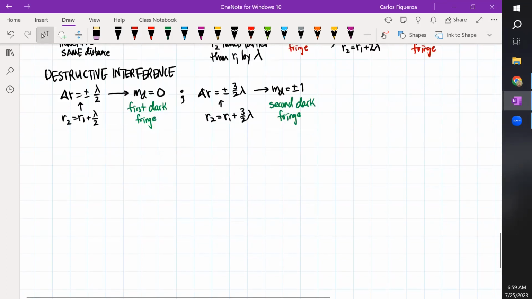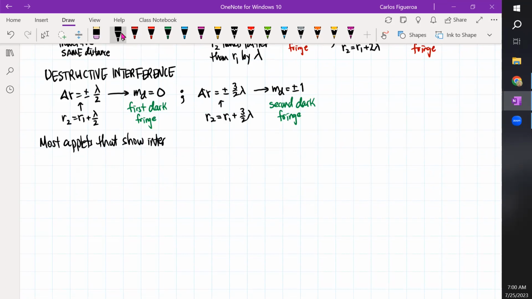What I want to do here is note that most applets don't have light coming out of two slits. Most applets that show interference have point sources, not slits.